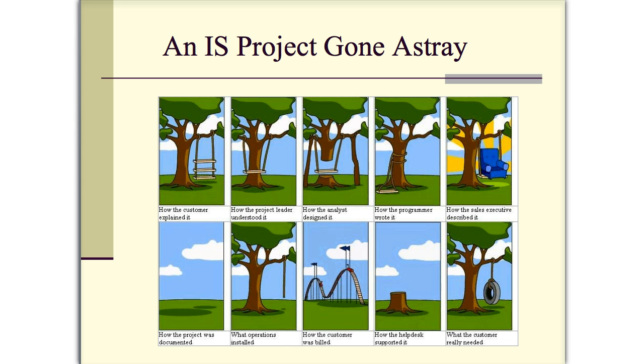So this image just depicts the fact that when you have a project, particularly a systems development type of project, there tends to be a lot of different views on what the project is and what it should do. You can see how the customer explained it, how the project leader understood it, how the analyst designed it, how the programmer wrote it, how the sales executive described it, how the project was documented. They put that in there because a lot of times for systems development, if it's really bad, they won't document the system itself.